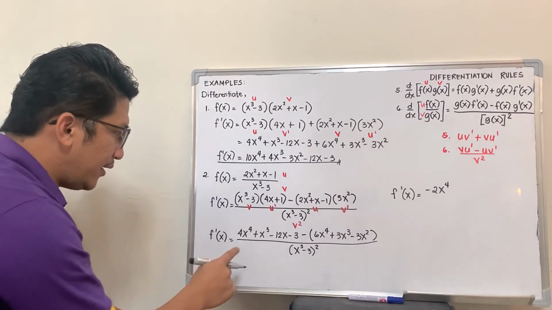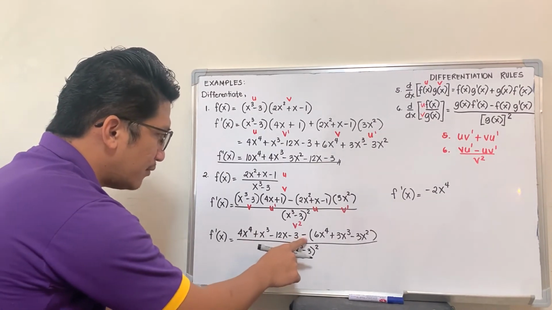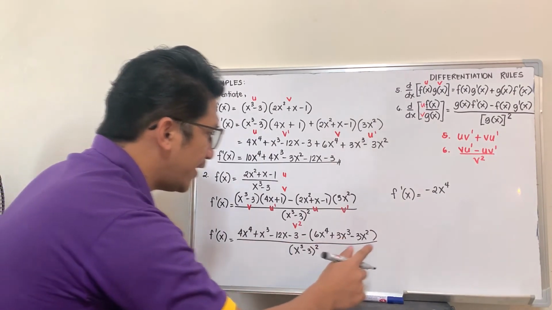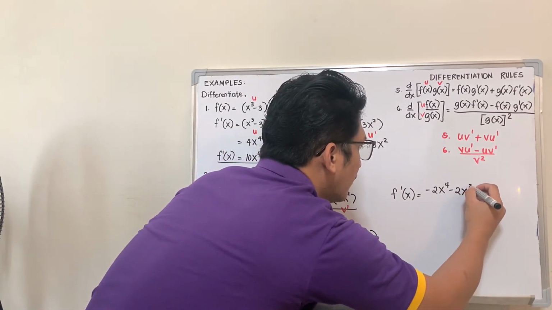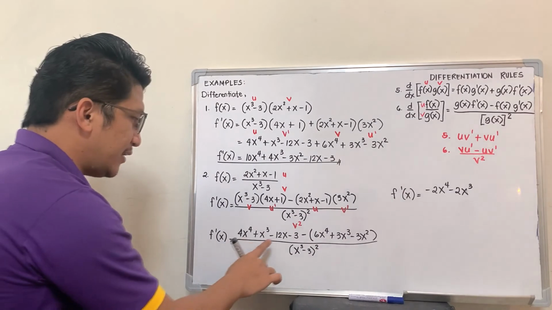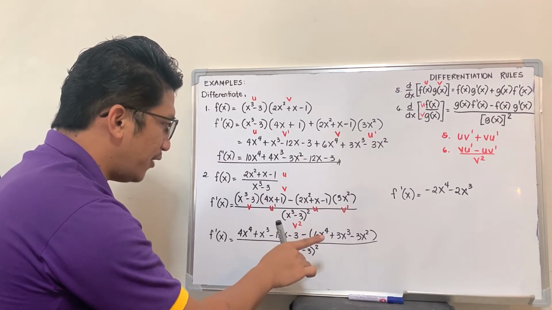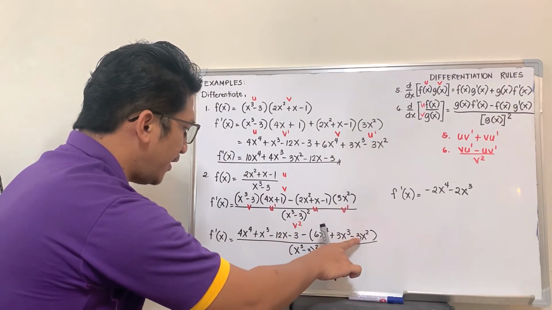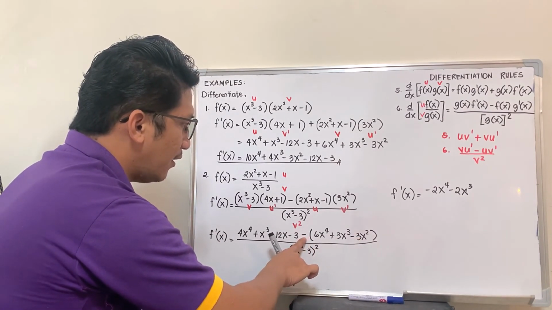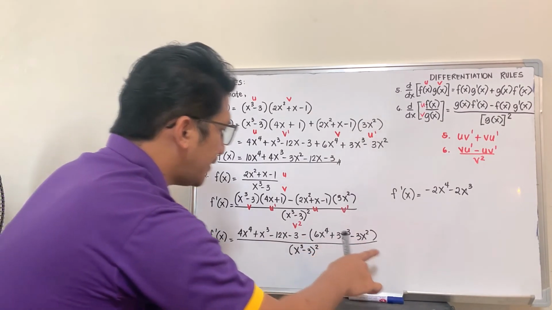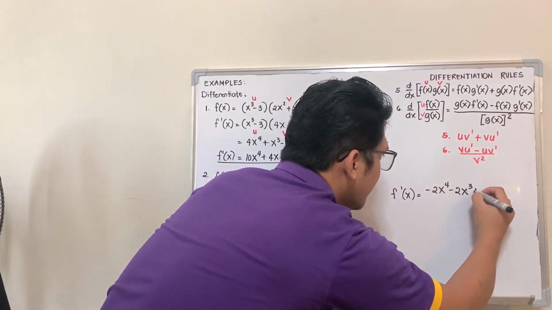Then degree 3: x cubed minus 3x cubed is negative 2x cubed. Then the negative of negative 3x squared is positive, so plus 3x squared.